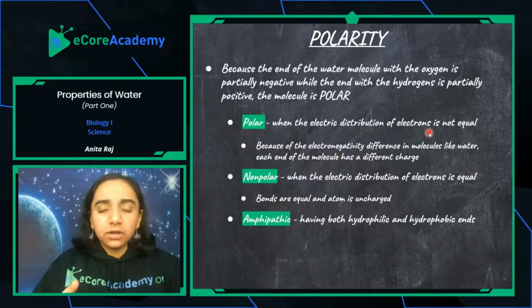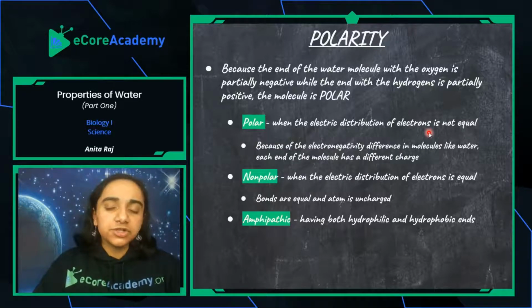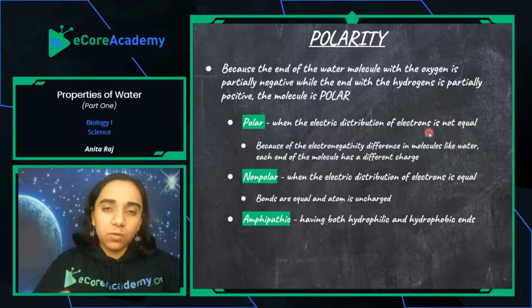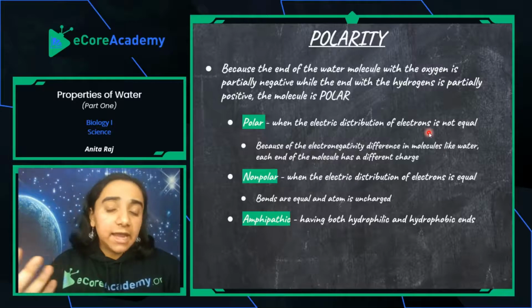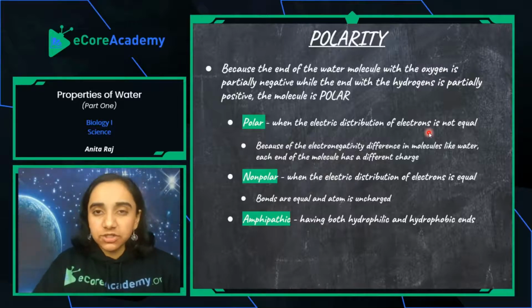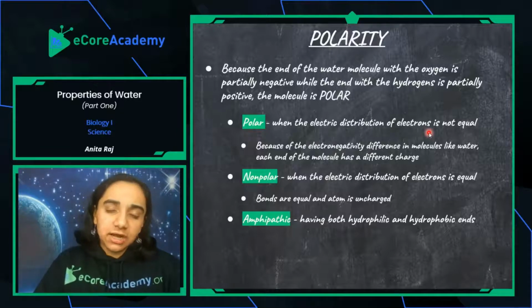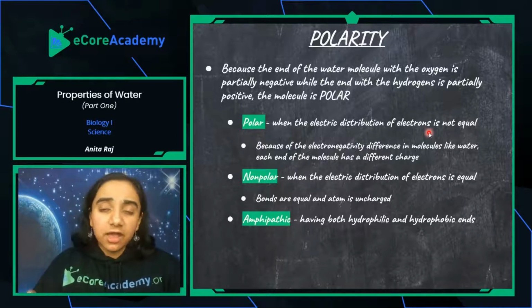So if one carbon is bonded to 4 hydrogens, each hydrogen is giving 1 electron. So carbon, in a way, gains those 4 electrons and fills its outer shell. Meanwhile, it's sharing its original 4 electrons with each of the hydrogens. So at the end of the day, everyone is happy.